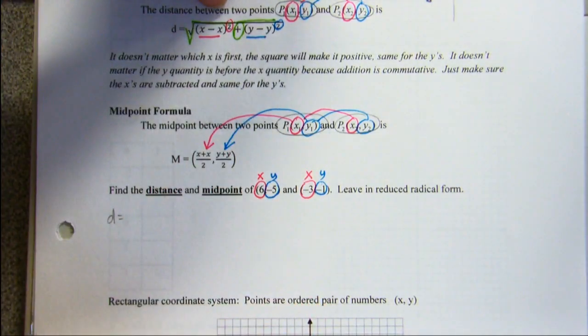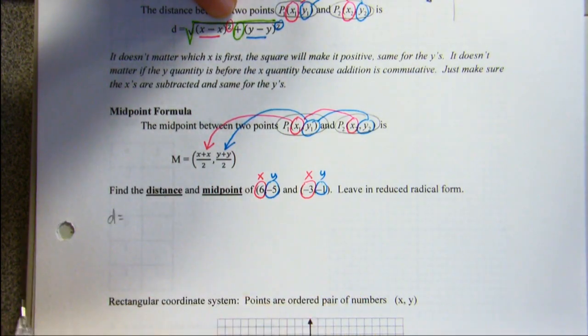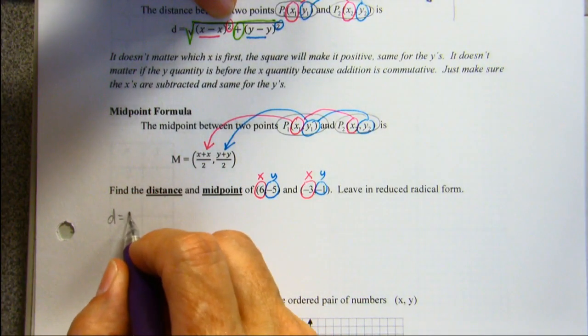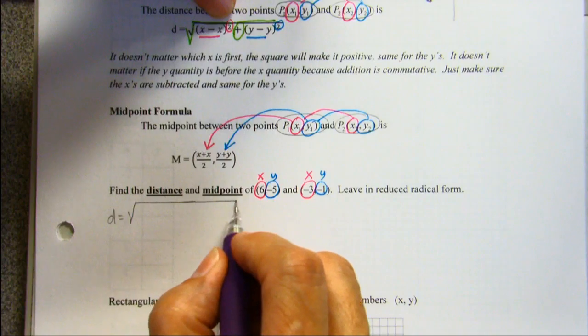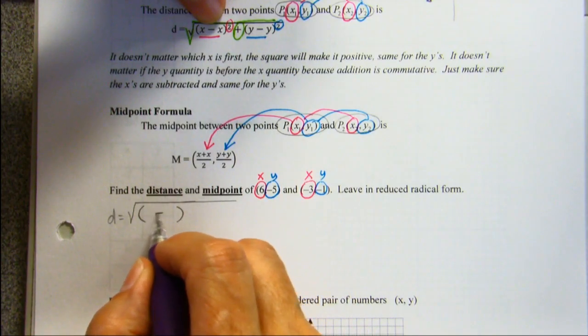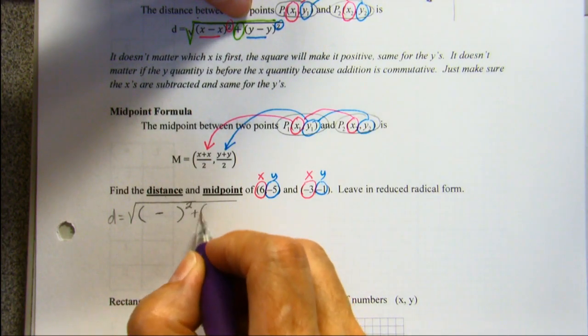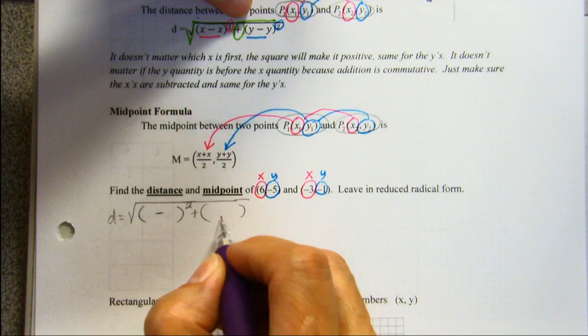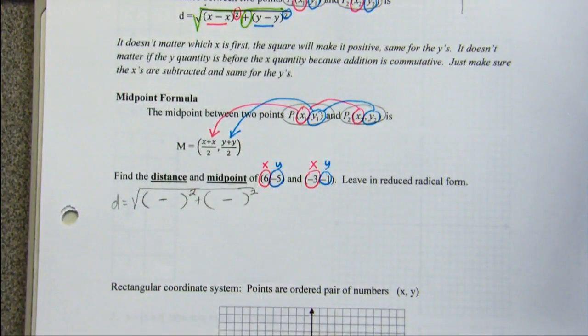Now, if we were doing a quiz, I would want to see you fill out the distance formula: the square root of our 2 x values subtracted, quantity squared, plus our 2 y values subtracted, quantity squared.